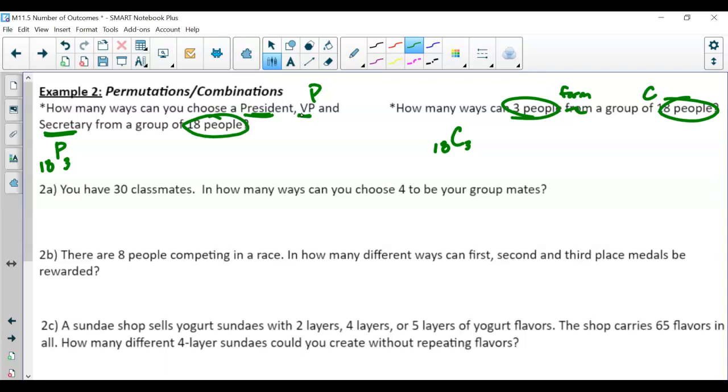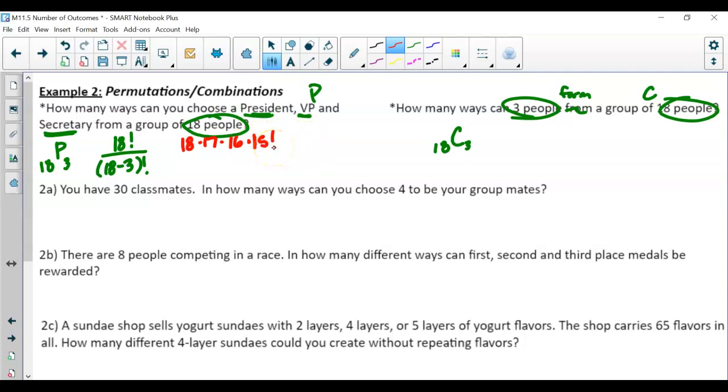So again, just to show the setup, this would be 18 factorial over 18 minus 3 factorial, which is 18 times 17 times 16, right? So I'm just going to times 15, but I'm going to stop here. I'm not going to go all the way to 1.